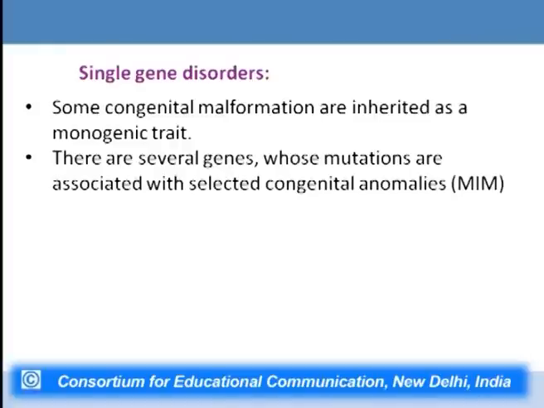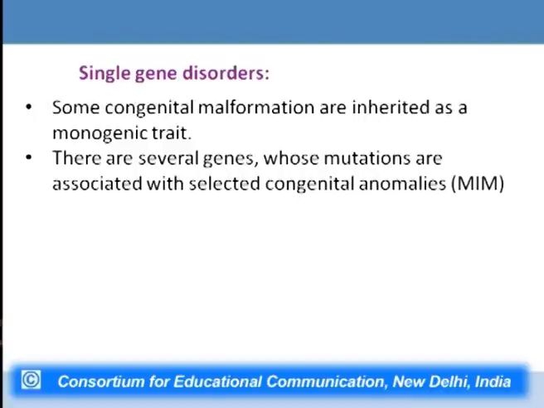Now, there are several genes present in the human body whose mutation can lead to malformation. What are these genes? We can find out in the online reference system, Mendelian Inheritance in Man. This is an online database of different genes and what effect they have in the human body.